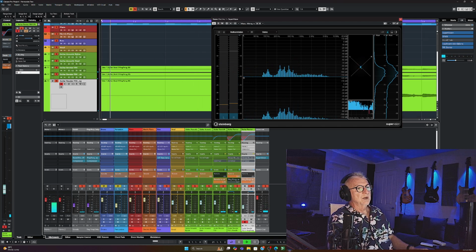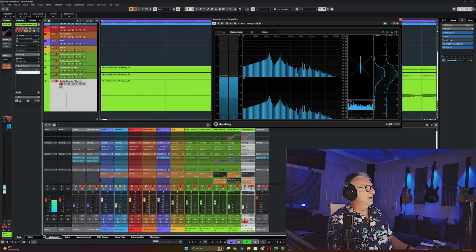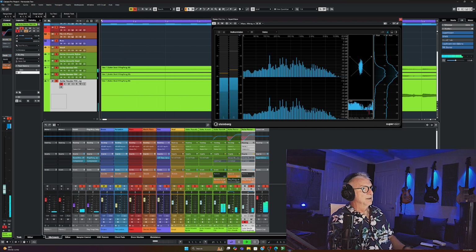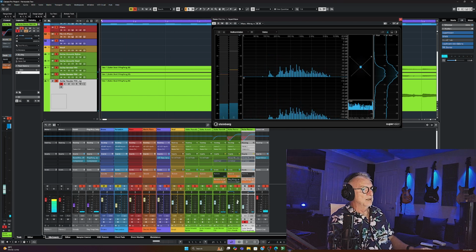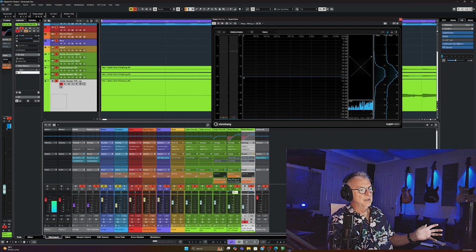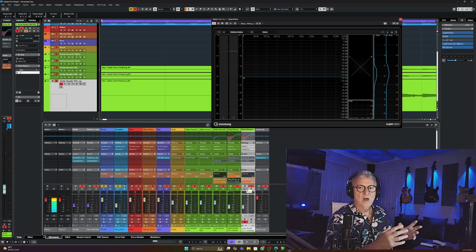So I also have one of the double tracks a little bit delayed, 20 milliseconds, and the other one is 20 milliseconds earlier. So it also helps widen the signal a little bit and separate the two sounds.